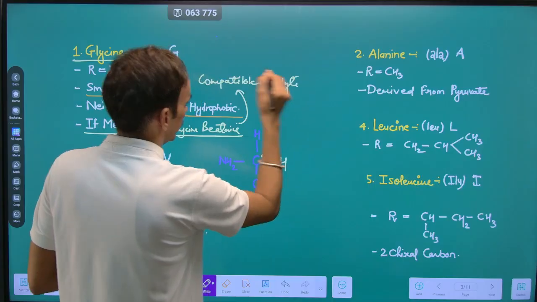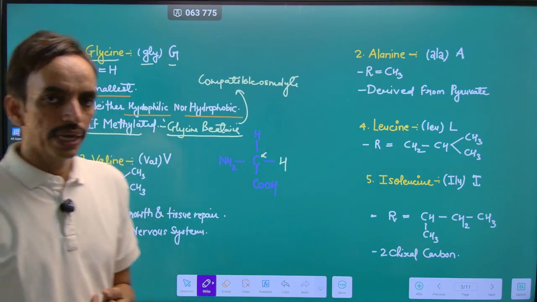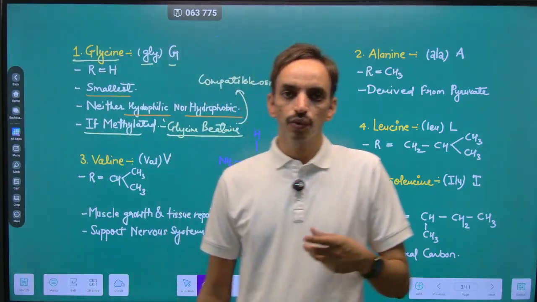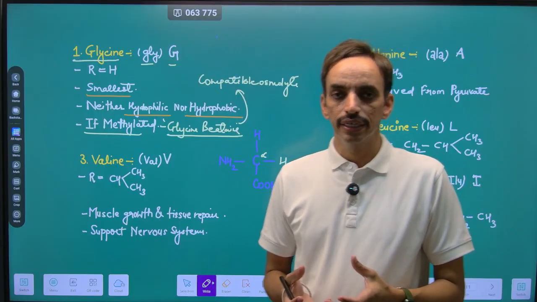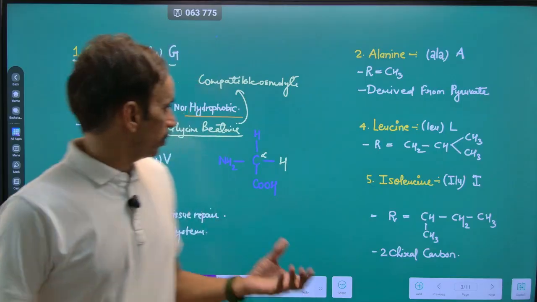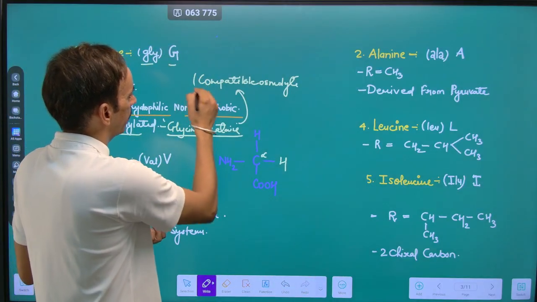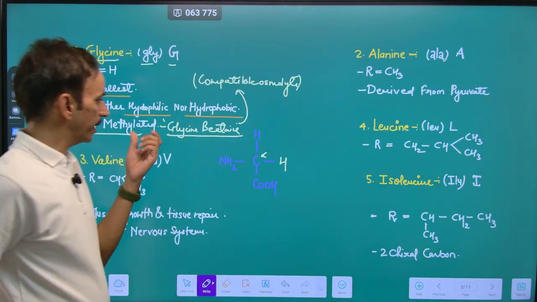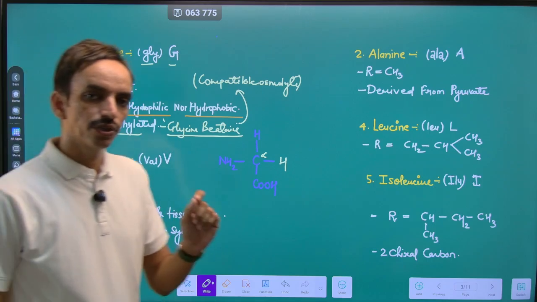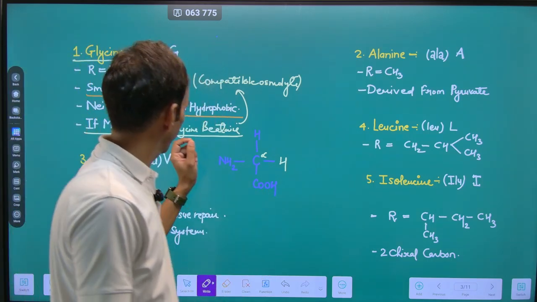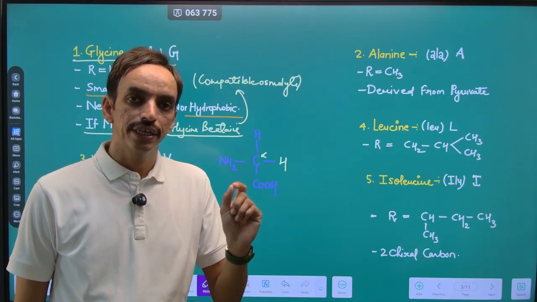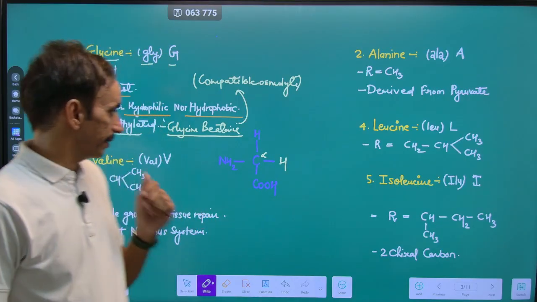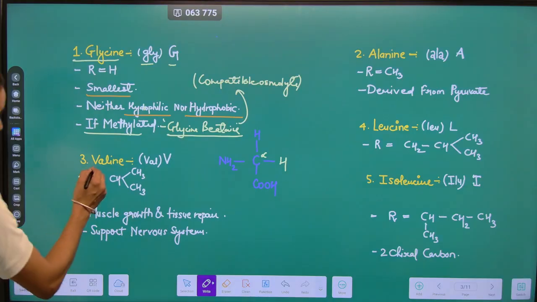Compatible osmolytes are those which help the plant to fight or survive under stressful conditions. We will talk about this further in plant physiology. So if the glycine gets methylated, it is known as glycine betaine, and this glycine betaine is a compatible osmolyte.